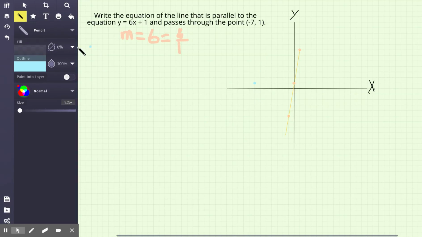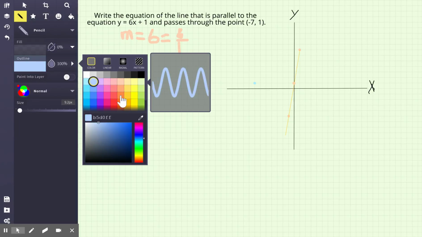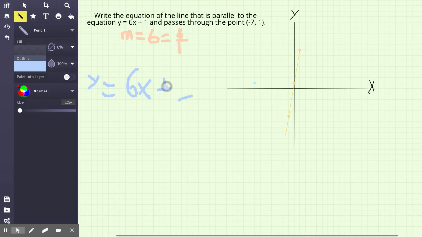So if I'm writing the equation of my new line, it's going to start out just like this. It's going to be y equals 6x, because it needs to have the same slope as the first equation right here, but plus, we don't know what its b is yet.